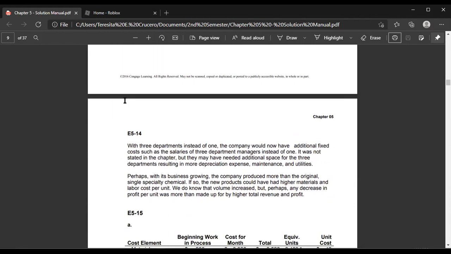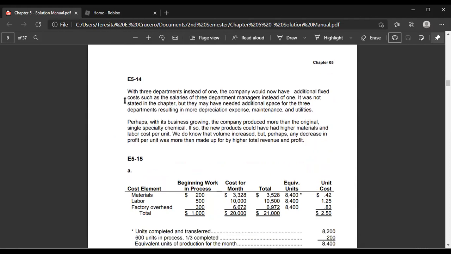Now we go to problem 14. Reasons for change in unit cost. Note that on page 267, when Coronado Chemical Company operated as a single department, its cost per unit to produce the specialty chemical was $16.